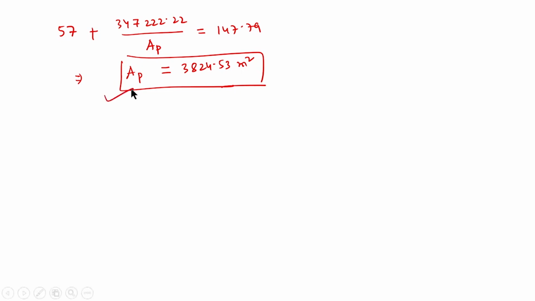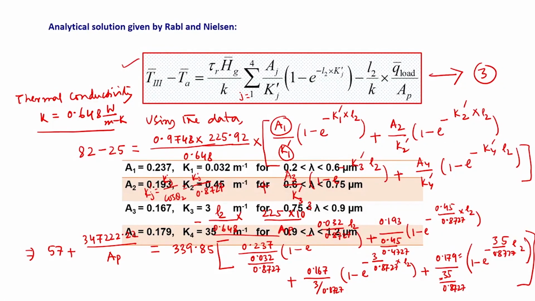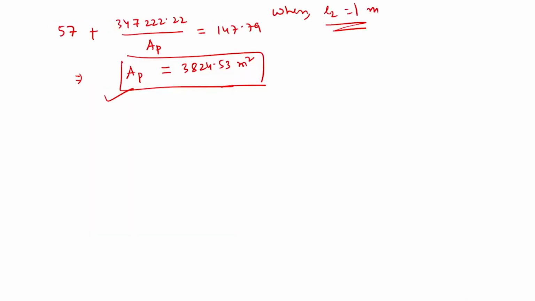So, what we got when L2 is equal to 1 meter. Okay. So, in this expression we got the data, and then we have substituted L2 equal to 1 meter. So, once we have substituted L2 equal to 1 meter, then what we got, the AP value is equal to 3824.53 meter square, right.